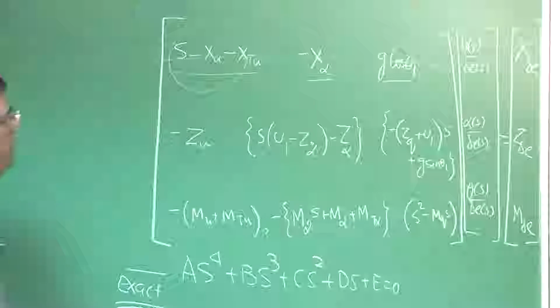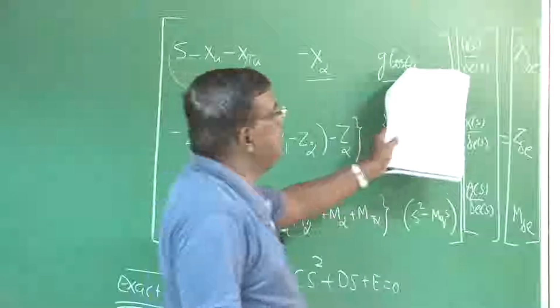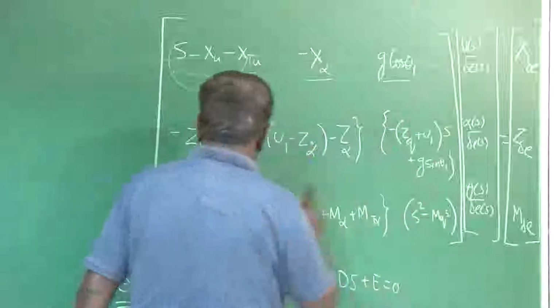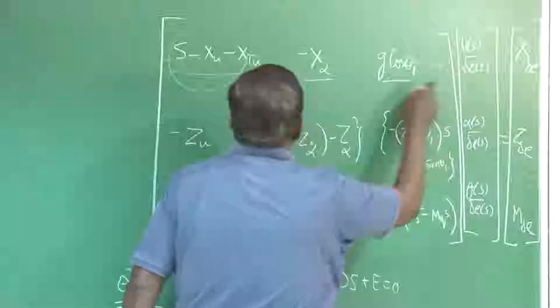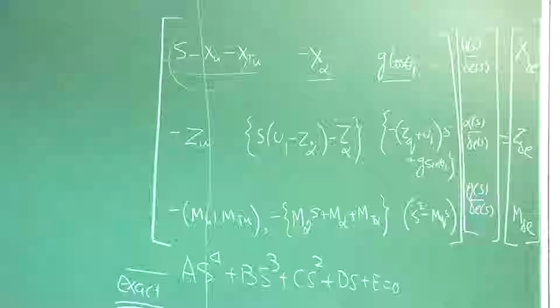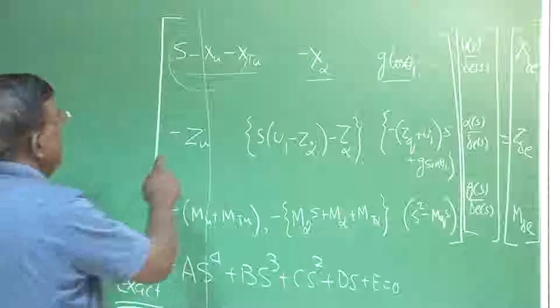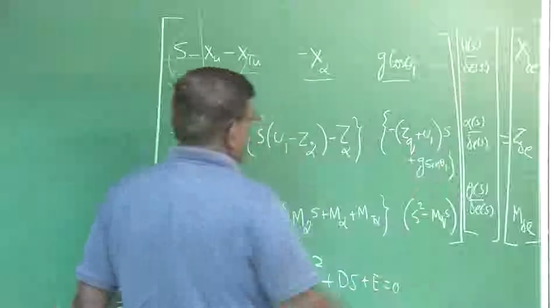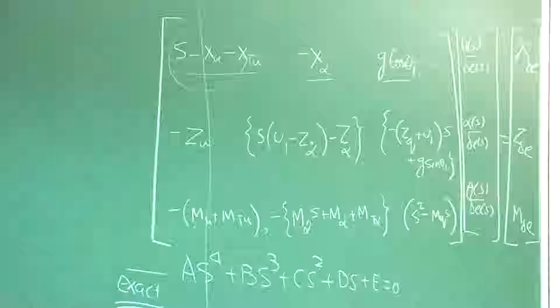Second thing we realize, since u of s, this perturbed u, is 0, this multiplied by this becomes 0, this multiplied by this becomes 0. So, we also delete this. Okay, clear? This into this into this makes no sense. So, we also delete this part of the matrix.